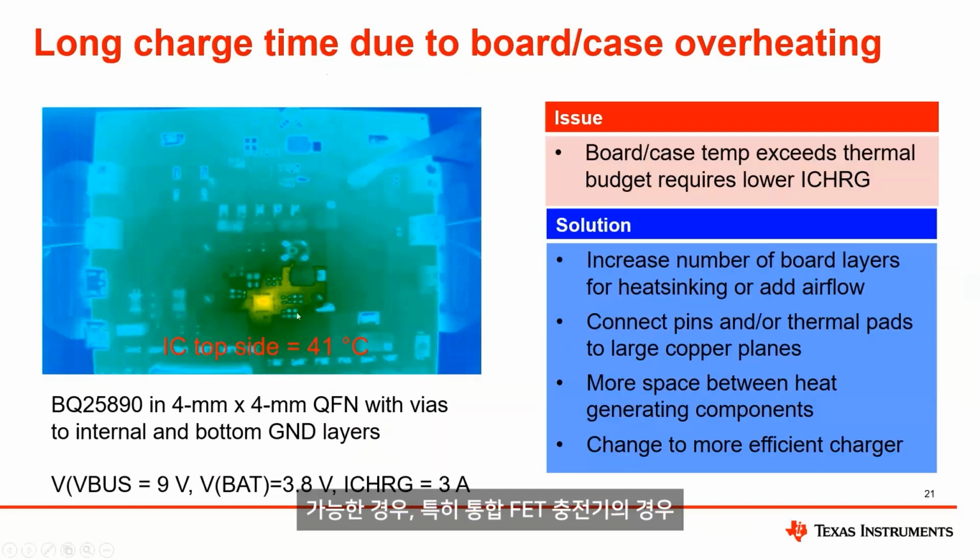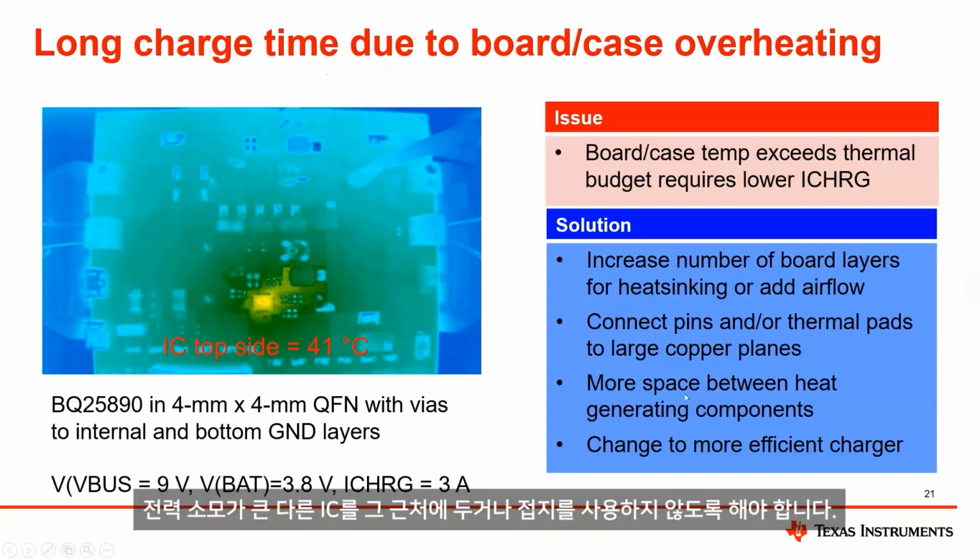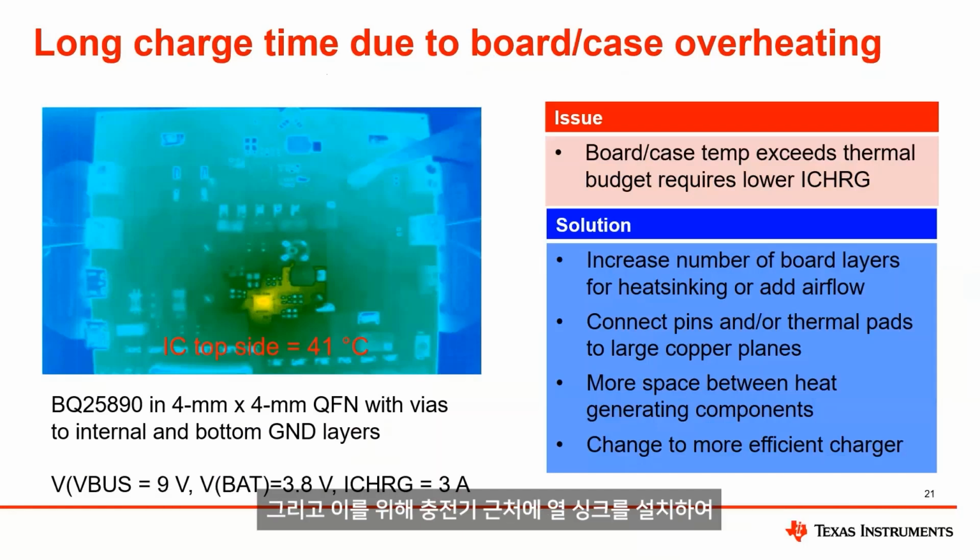Especially for the integrated FET chargers, don't put other high power consuming ICs close to that, or heat sink them to ground close to the charger, so you don't saturate the big ground heat sink that you're using. And then you can obviously change to a more efficient charger if you have to.